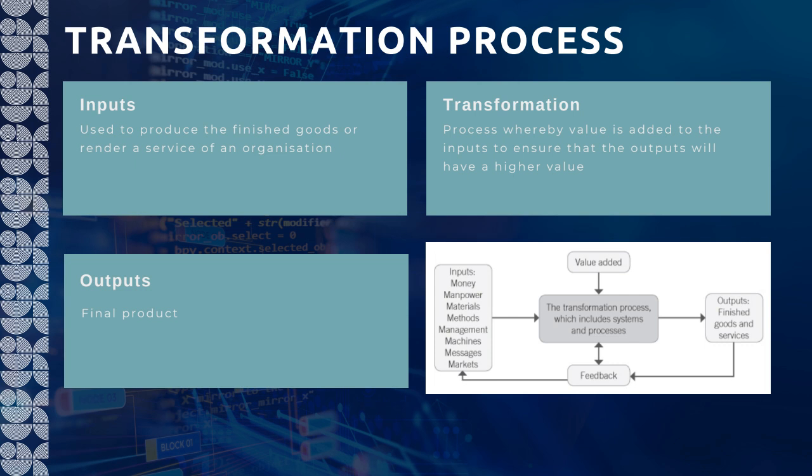this is basically your inputs, which is your 8Ms, which go through a transformation process, and then you get an output, which is your finished goods as well as your service. Then you go all the way back into your feedback loop. The arrows at the bottom of the diagram represent feedback, and it has to take place on a continuous basis to make sure that the transformation process is successful.